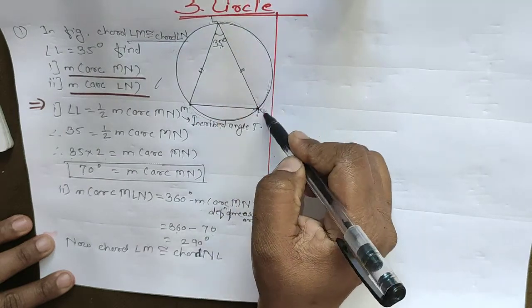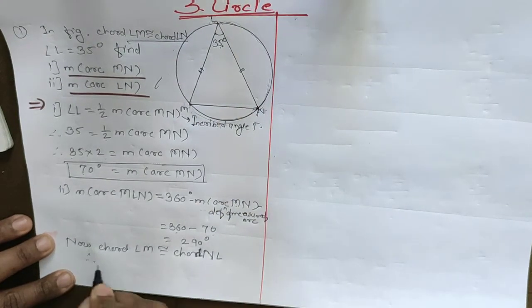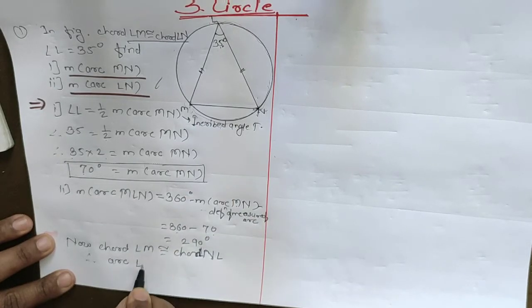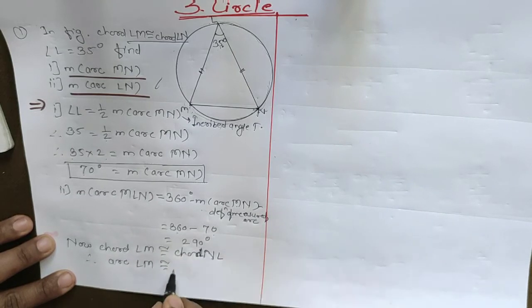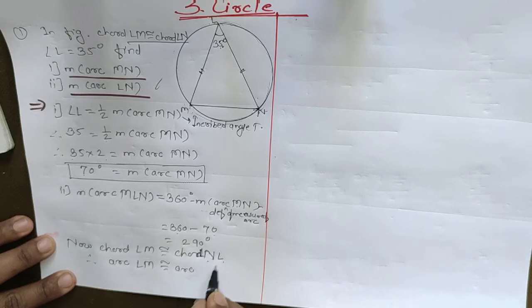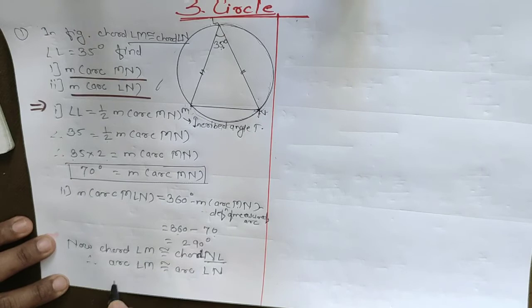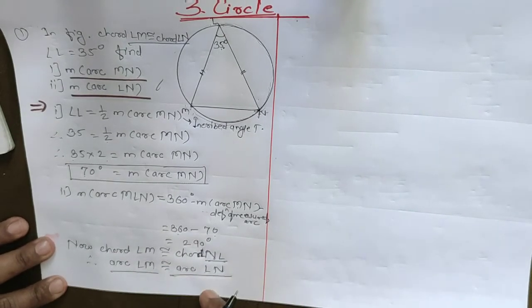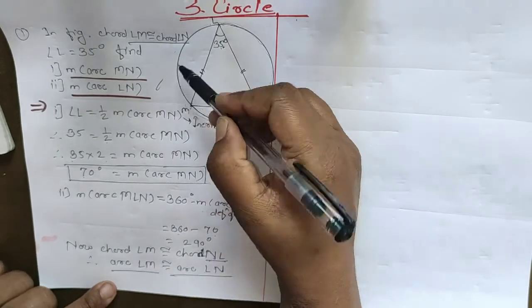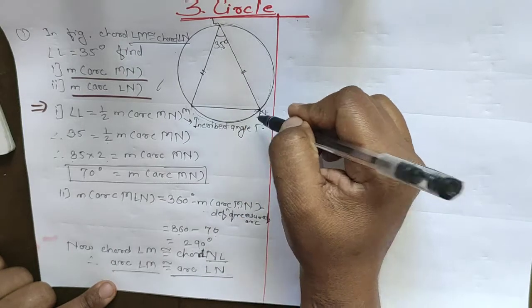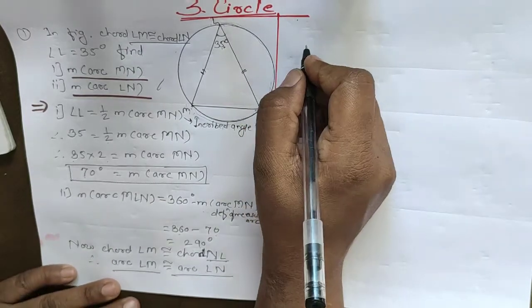So arc LM is congruent to arc LN. Once they are congruent, these arcs are congruent. So this 290, if we divide it by 2, we will get the measure of arc LN. How to solve this, we will see now.